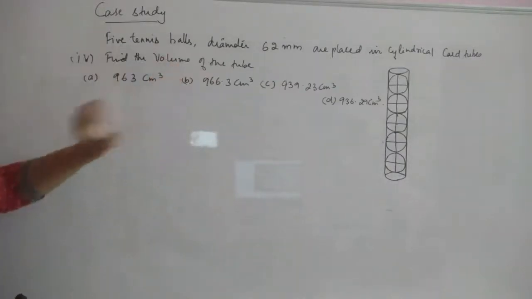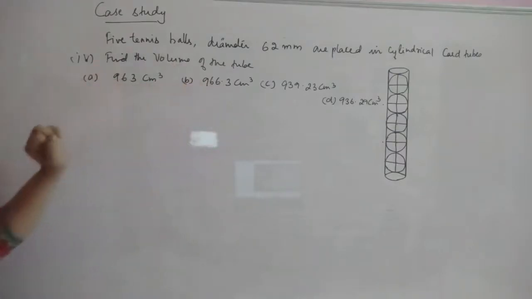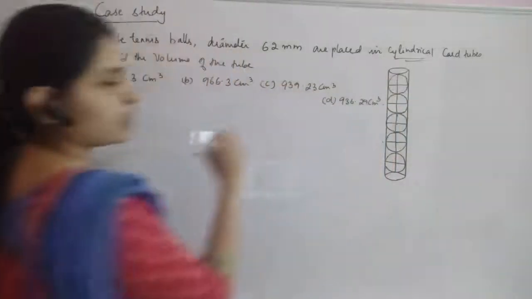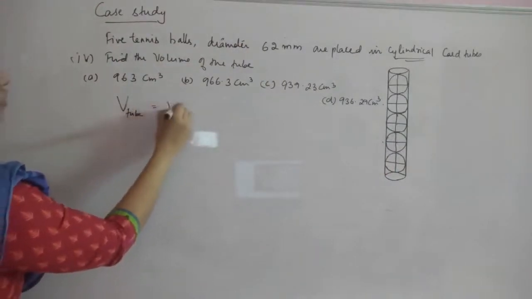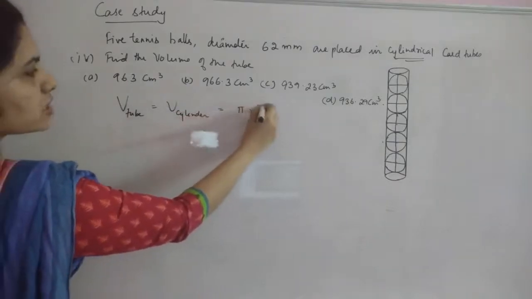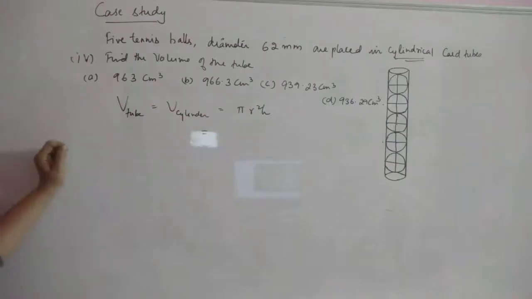Next question is to find the volume of the tube. The total tube's volume you have to get, and you have been given 4 options. How will you find out the volume of the tube? The tube is of which shape? It is cylindrical shape. So volume of the tube is equal to the volume of the cylinder. And what is the volume of the cylinder? Pi r square h. The radius will be the same for both.